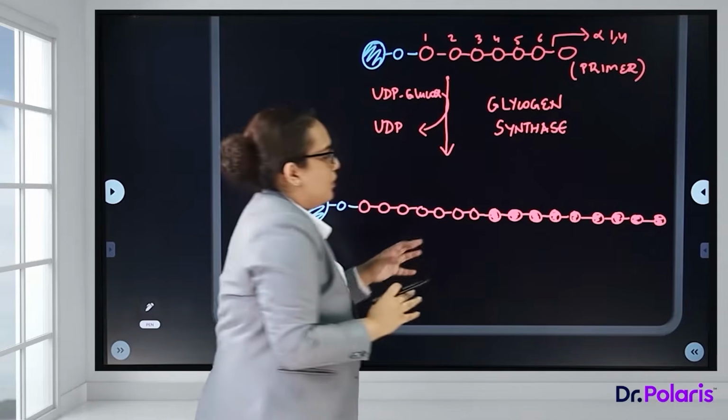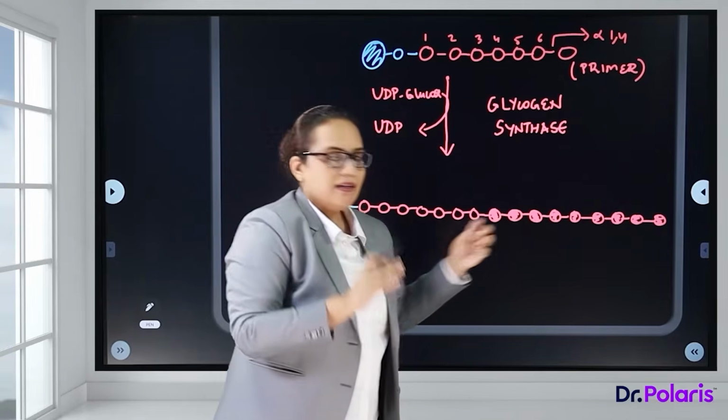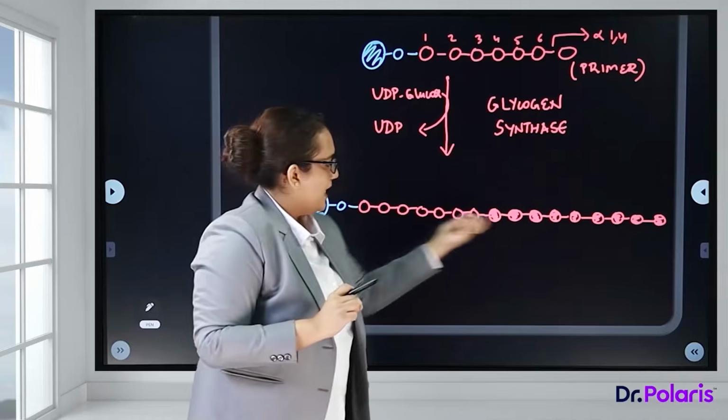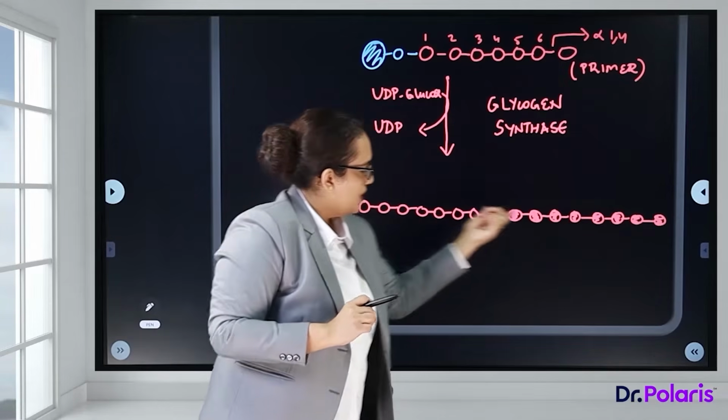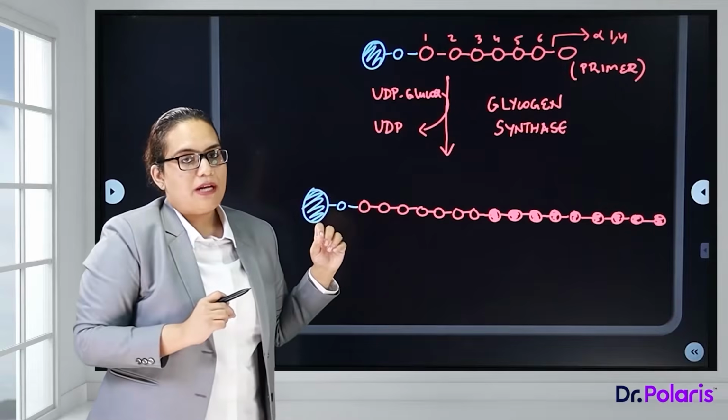So this keeps on going, and the new glucose units I've just colored it, darkened it, so you can have a look at it and you can notice a difference. These are the new glucose units and this is part of your glycogen primer.